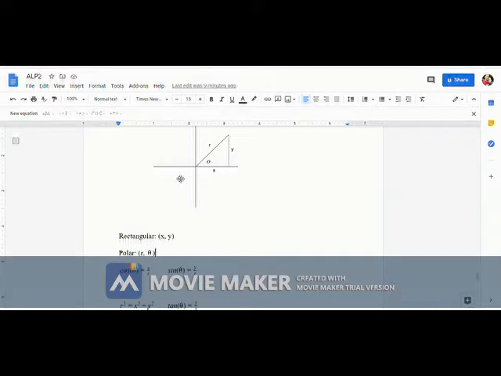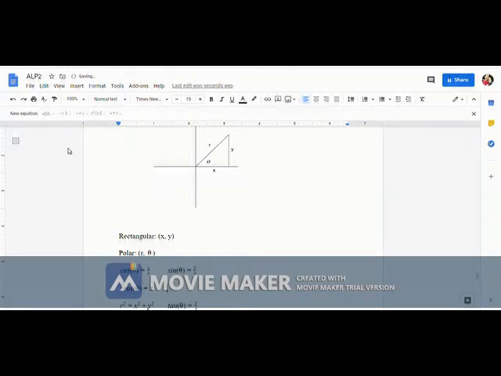Now to be able to convert between those two, we can understand the relationship of cosine theta equals adjacent over hypotenuse, or x over r, and therefore, cosine theta, we can multiply both sides by r and get r cosine theta equals x.